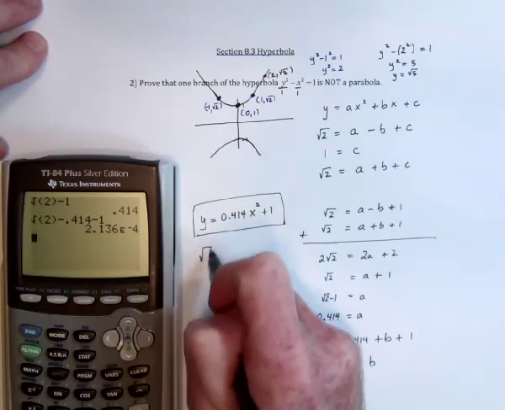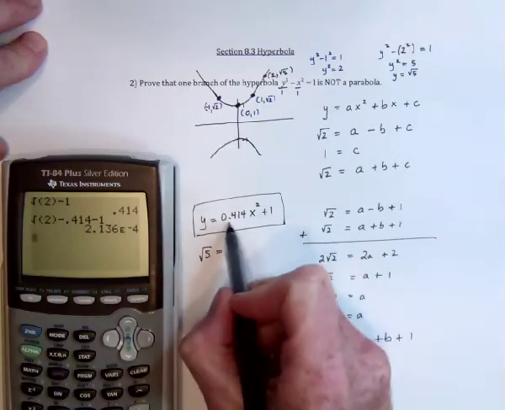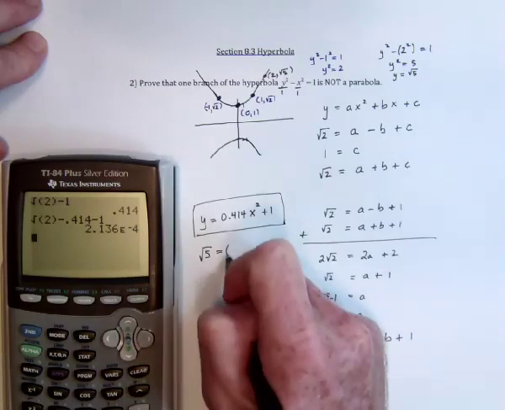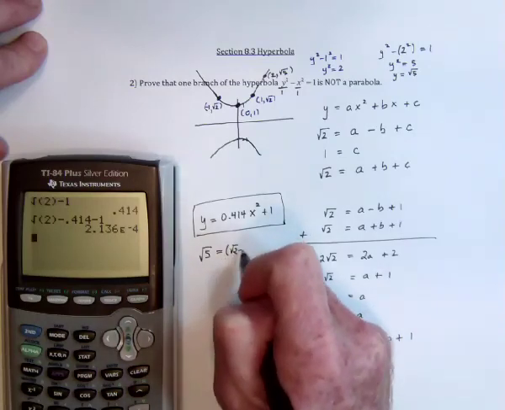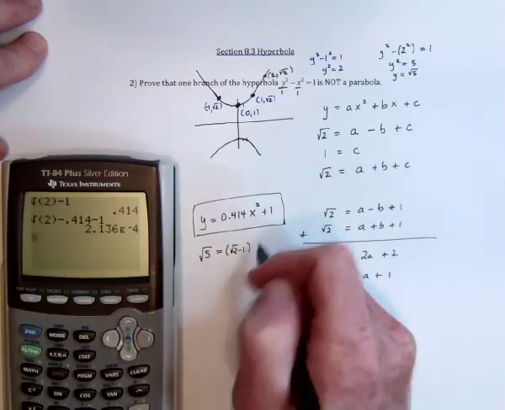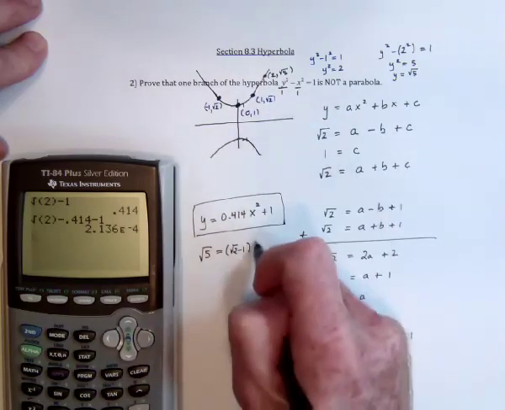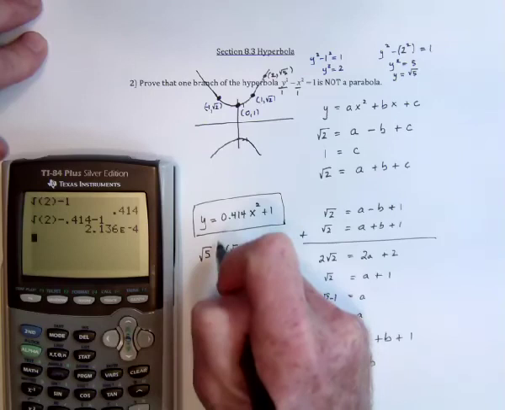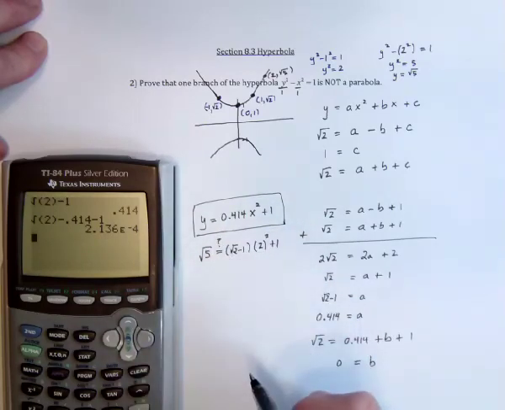So if we have y equal to the square root of 5, does that equal, and like I said, I'm going to be completely accurate in here and use this where the a is actually equal to the square root of 2 minus 1, and then x is squared, plus 1. It's really a question: do those numbers work for the parabola?